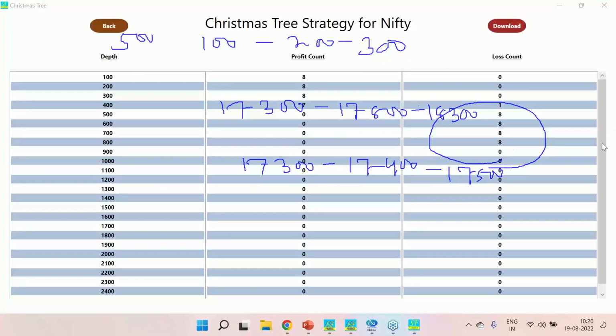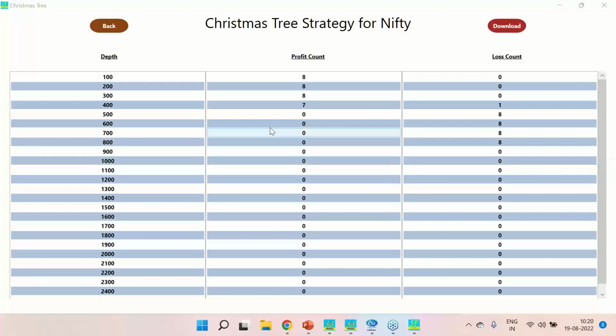If you click here, you'll find that out of these 12 holding days from 1st of August to 12th of August, the 100 depth resulted in profit on 8 days. 200 depth also gave profit, 300 depth also, 400 depth also.